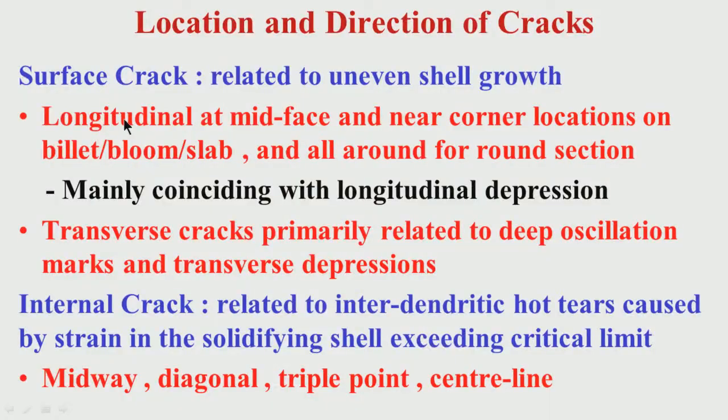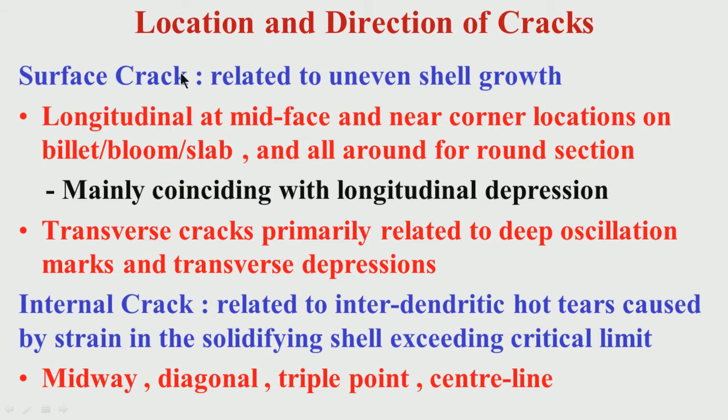Now, what are the directions of the surface cracks? They can be longitudinal, they can be at the mid face, they can be near the corner locations. I will indicate in figures how they look, but basically I am trying to tell you the types of cracks, the locations, and the direction of cracks. Location and direction both are important.